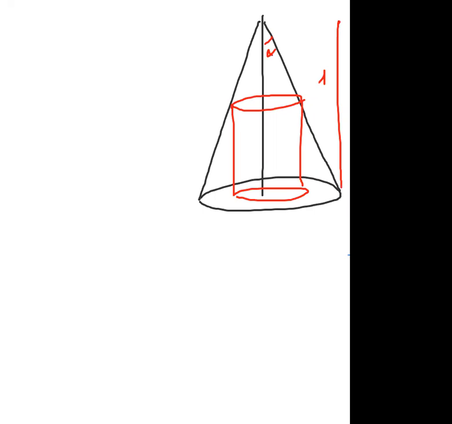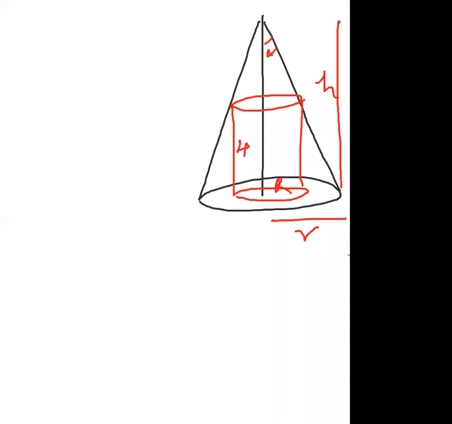The cone radius we are supposing is small r. So we have supposed radius as small r and height as small h for the cone. And for the cylinder, we are supposing height as capital H and radius as capital R.